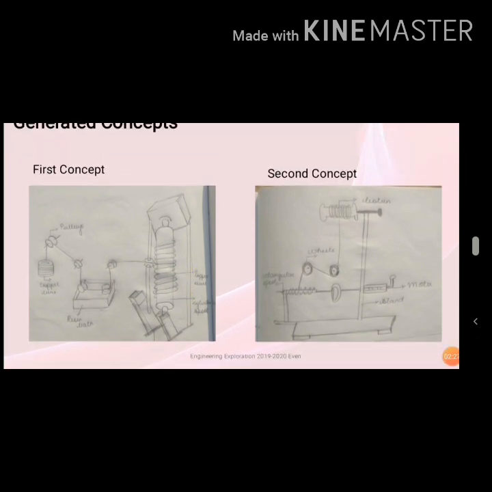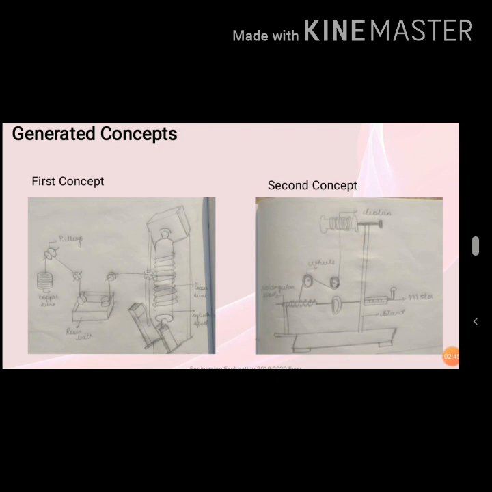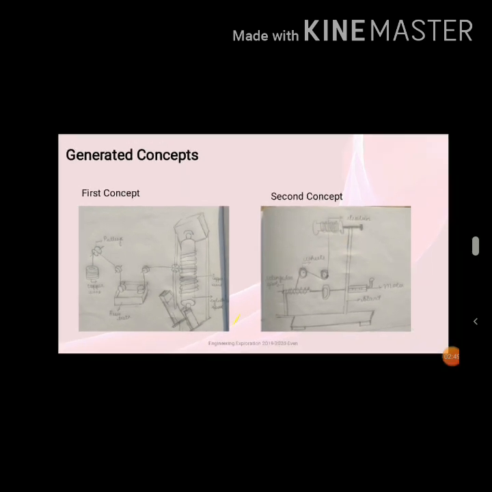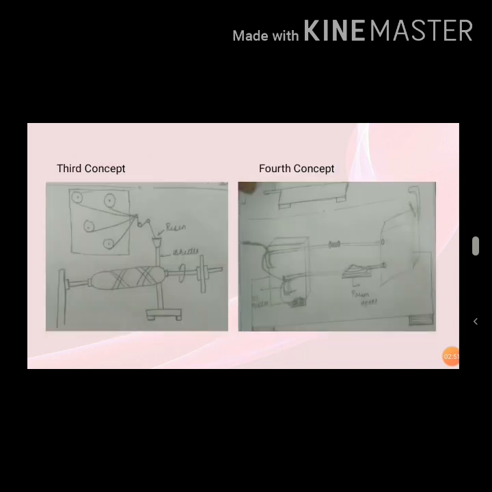Here we are using a DC motor for the movement of the wire and a stand. In the second conceptual design, we have a rectangular spool, and with the help of the wheels and a bobbin reel, we are able to send the copper wire onto the rectangular spool. Here also we are using the DC motor and the stand.